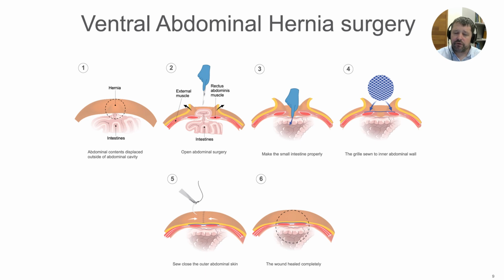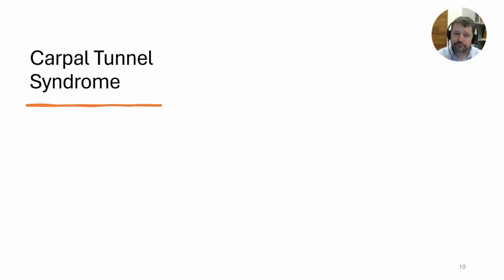Not a terrible surgery. Happens often, but just an example of when you have a connection between the muscle, the epidermis, and even the viscera, the insides, and how that could be corrected.